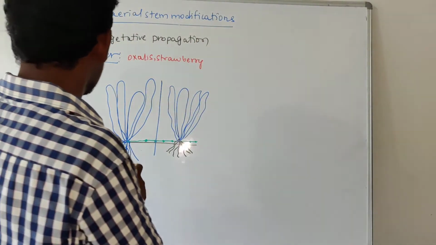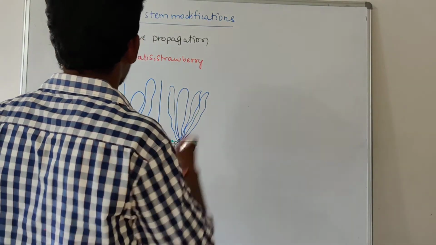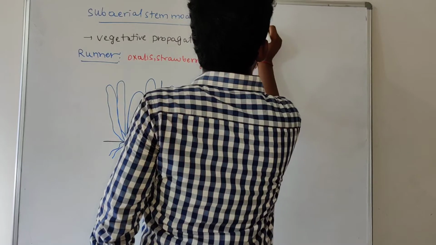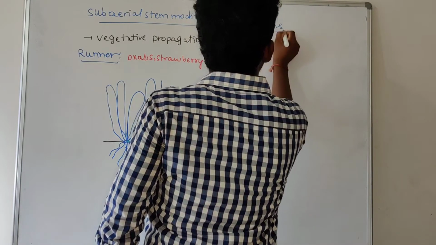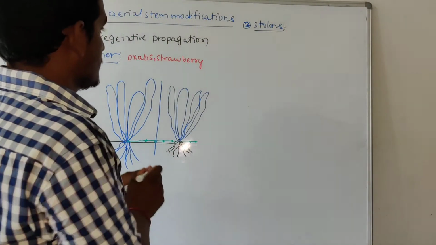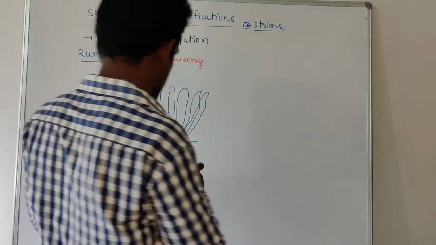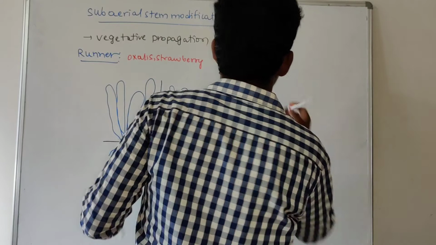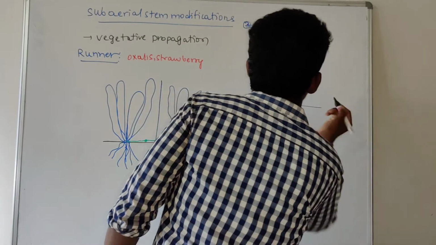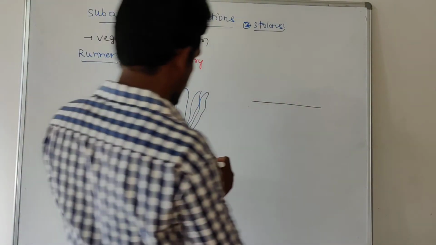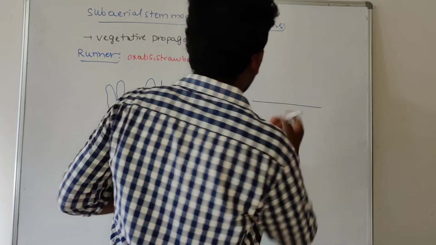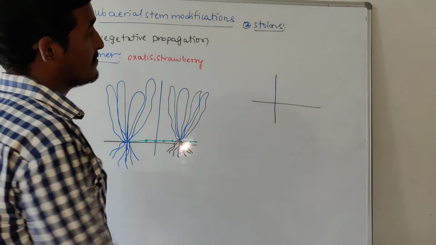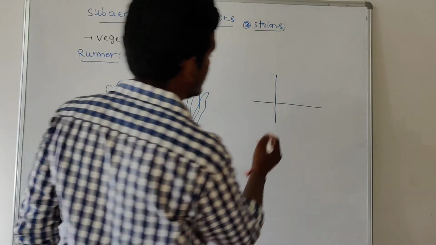Next we will discuss the stolon. In a stolon, the stem is at the surface of the soil. Some portion is present inside and some portion outside the soil.